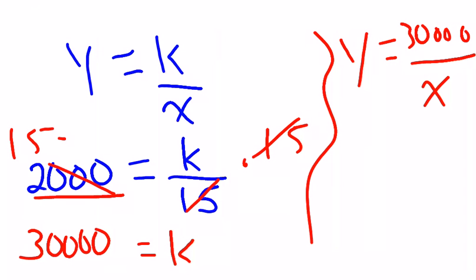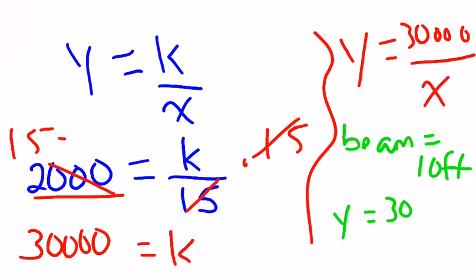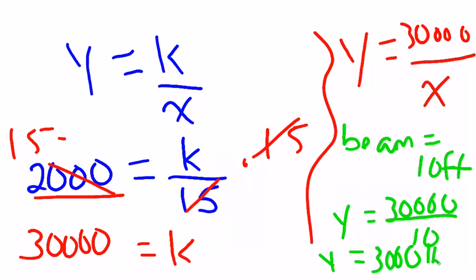So if they asked further and said, now that we know the constant, what is the safe load if the beam is 10 feet? We know that it told us that the beam was x, and so we would have y equals 30,000 divided by 10, so y would equal 3,000 pounds.